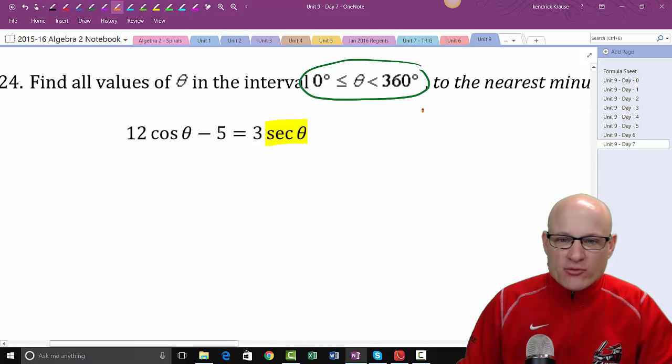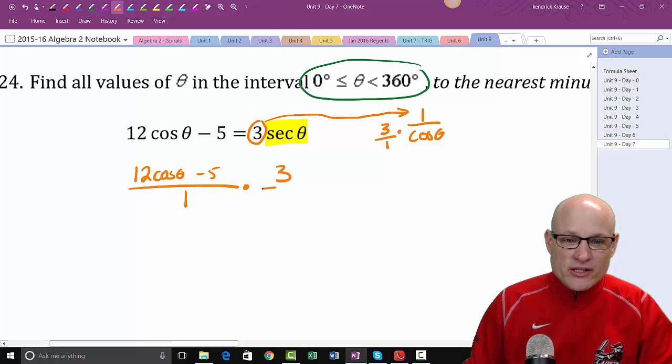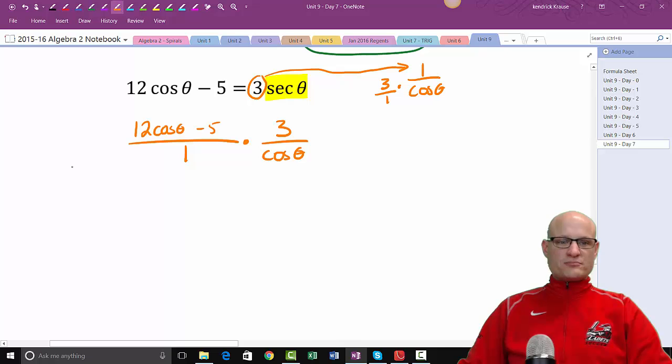You got to remember, secant is really 1 over cosine of theta. But the 3 really belongs to the numerator because this is 3 times. It's really 3 over 1 times secant. So this becomes 12 cosine theta minus 5 over 1 times 3 over cosine theta. So that's the first part and the first tricky part of this problem.